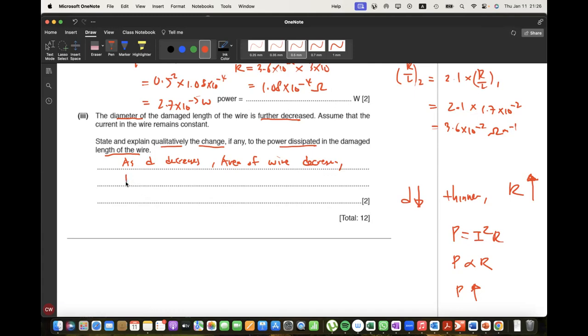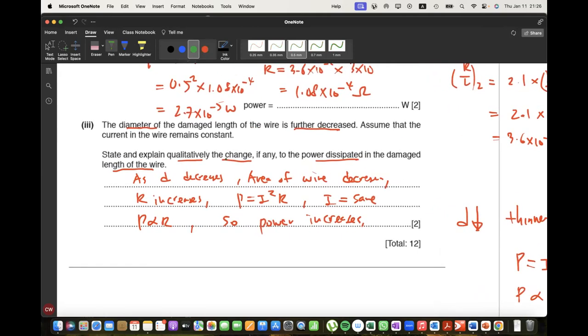So R increases. Power is I square R. I is the same. Power depends on R. So power increases.